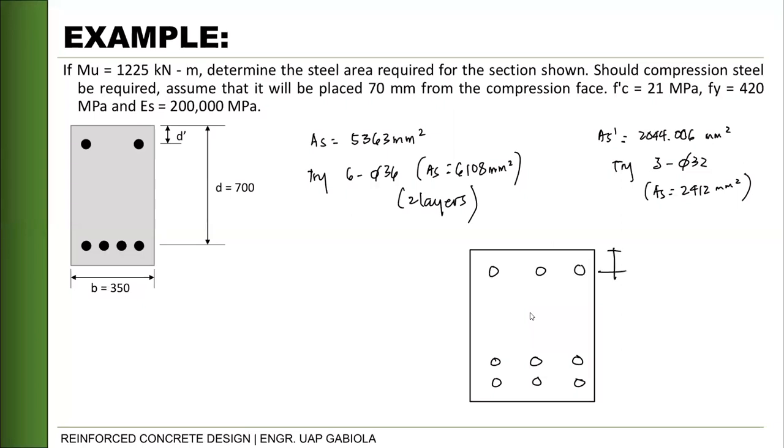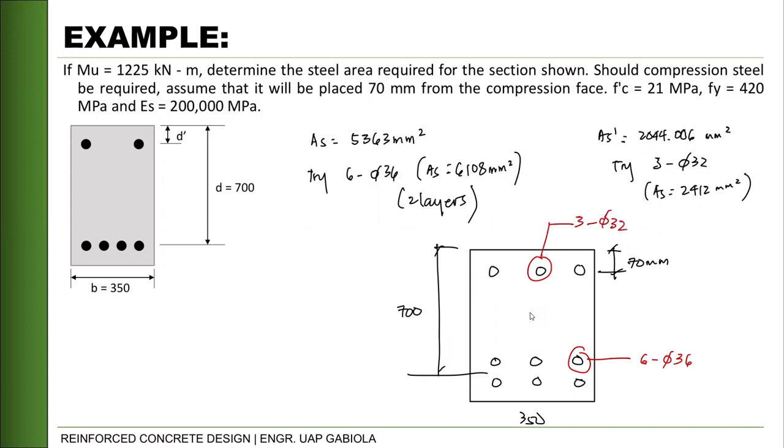So, this is located at 70 mm from top. This is 700 from top. This is 350. And then, ito, lagyan natin ng call out. That is 6 na 36. And then this is 3 na 32. Okay? So, ayan yung ating doubly reinforced section.